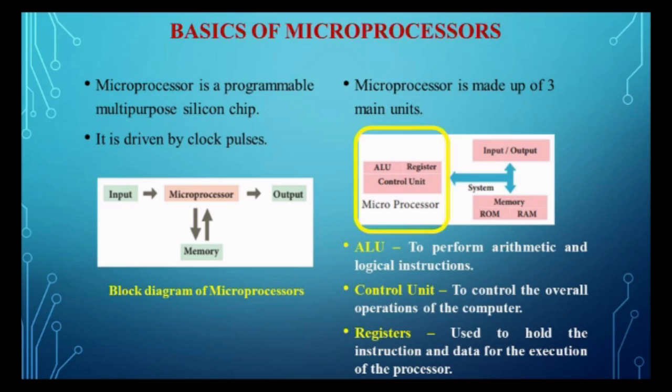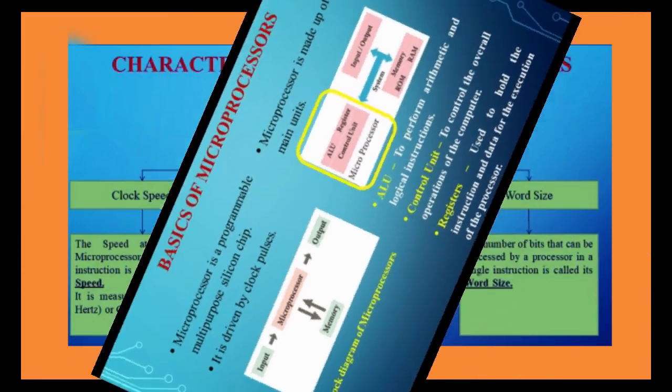The address bus carries the address of the memory location, the data bus carries the data from one location to another location, and the control bus carries the control flow from one location to another or from one device to another. All these buses are used as a communication channel which the microprocessor uses to communicate from one device to another.